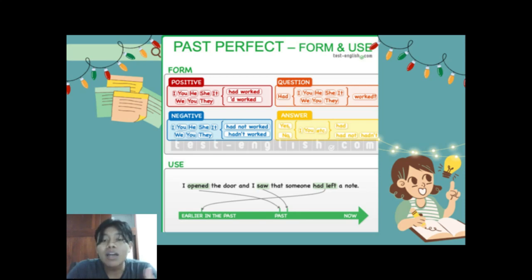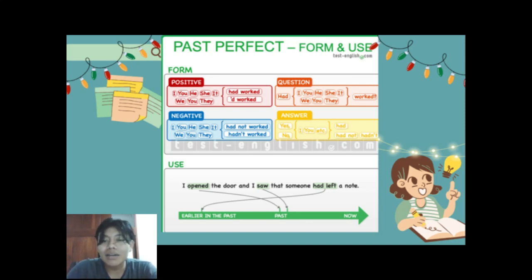For example, I opened the door and I saw that someone had left a note. In Spanish, it could be: yo abrí la puerta y vi que alguien había dejado una nota. This action happened before I opened the door and saw that note.